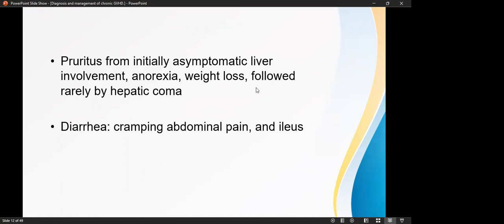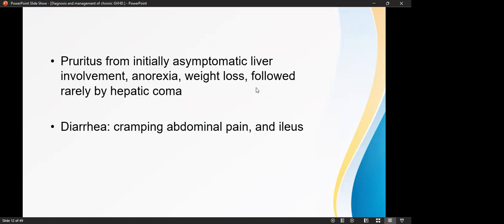And what are the manifestations of GVHD? In the liver, involvement is initially symptomatic with anorexia and weight loss, followed rarely by hepatic coma.